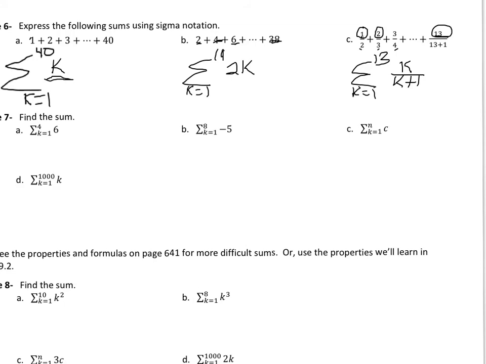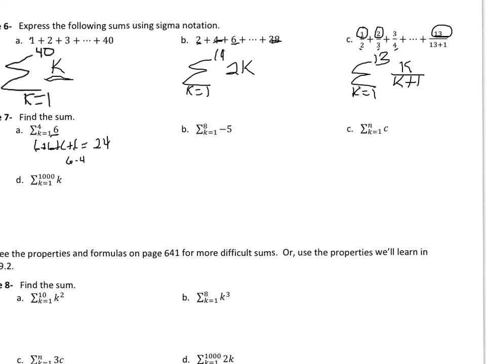All right, now we're going to talk about some formulas that we need in order to come up with the sums and sequences. So the first one, if we look at 7a here, we have k goes from 1 to 4, but our term is always 6. So basically what we're doing is adding 6 together 4 times, which gives us 24, or 6 times 4.